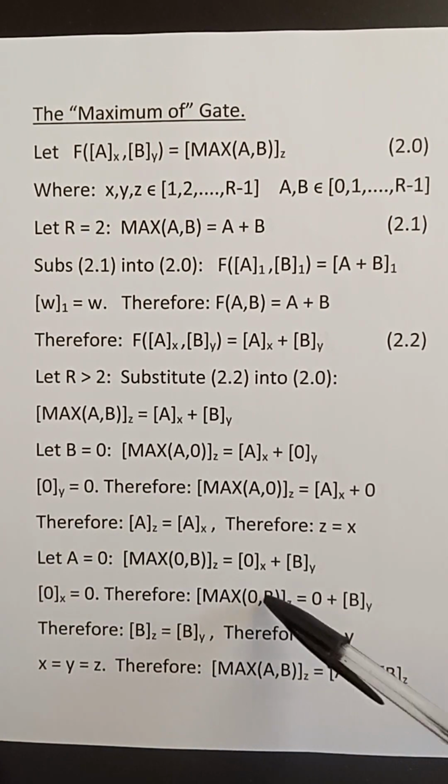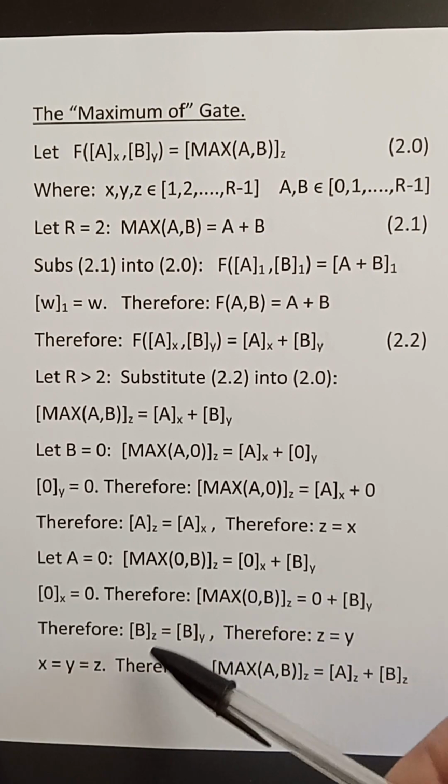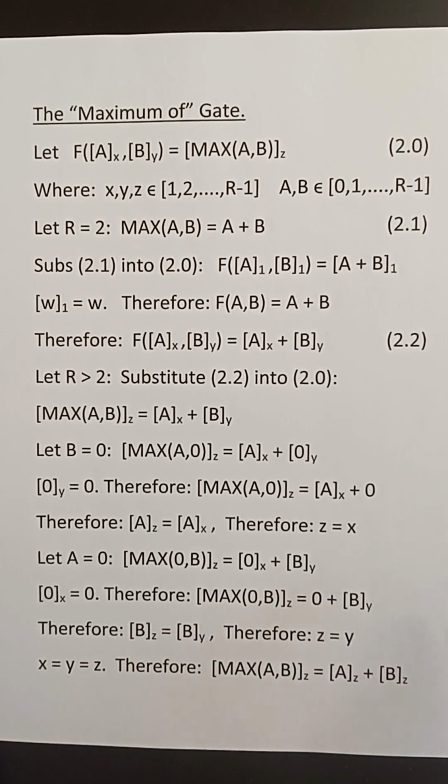Then you leave b alone and set all the other inputs to 0 and you get this result. Then you would leave, say, c alone and set all the other inputs to 0 and get a^z or b^z or c^z. So it's a multiple-valued function.